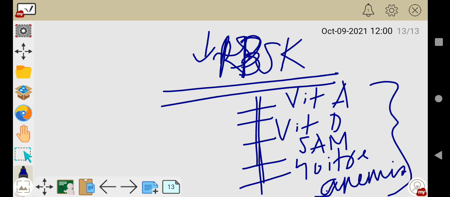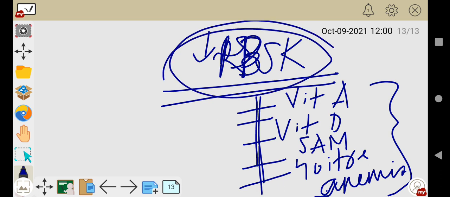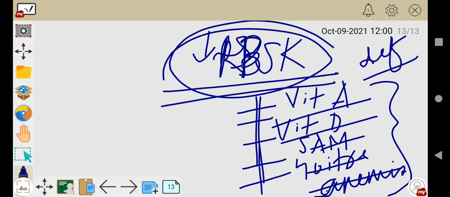These are the 5 diseases under RBSK. There are also some childhood defects and developmental diseases, but in deficiencies there are only 5. Just remember these 5 things, correct?